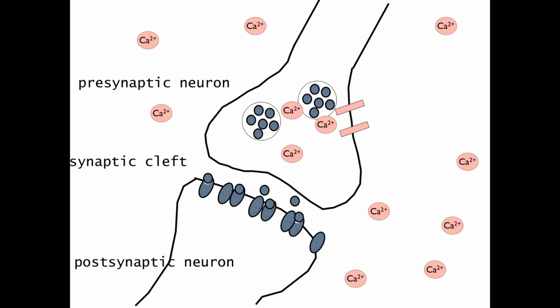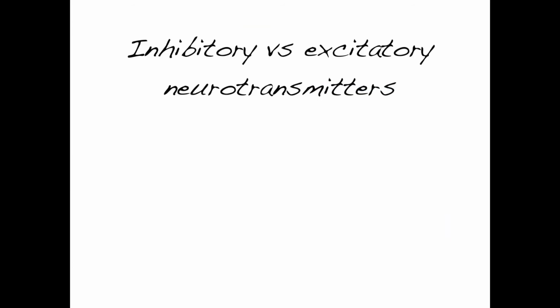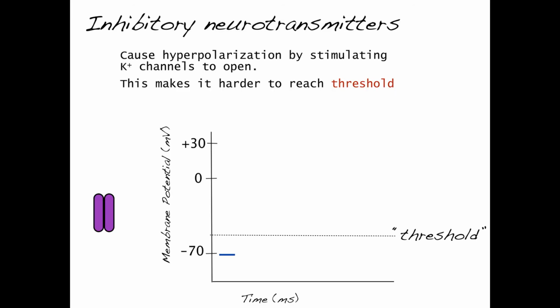So let's look at this a little bit closer. There are some neurotransmitters that are inhibitory, while others are excitatory. Inhibitory neurotransmitters cause hyperpolarization by stimulating potassium channels to open up.